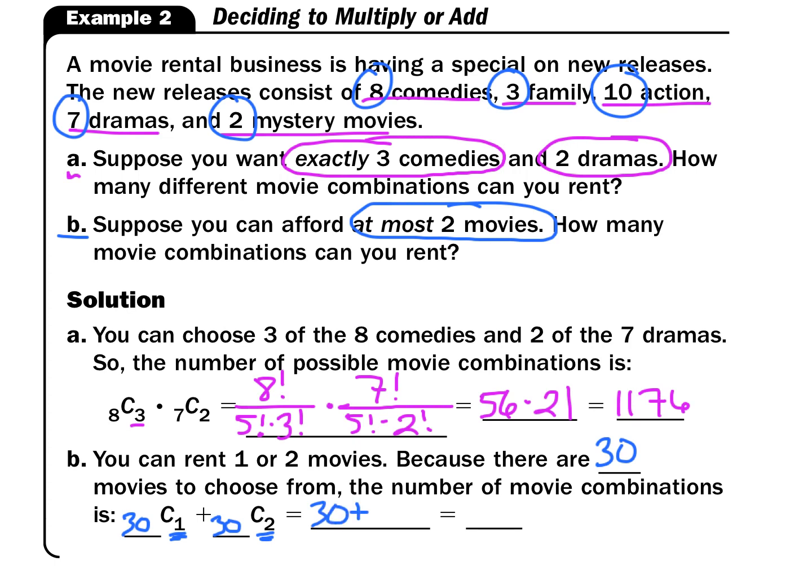Plus, if we have two choices out of the 30 total possibilities, well, if we do all the math for that, 30 factorial over 30 minus 2 factorial times 2 factorial, we get 435. 30 plus 435 is 465 possibilities if we're choosing 1 or 2 movies, which could explain why it sometimes takes people a really long time to pick out movies at Blockbuster.